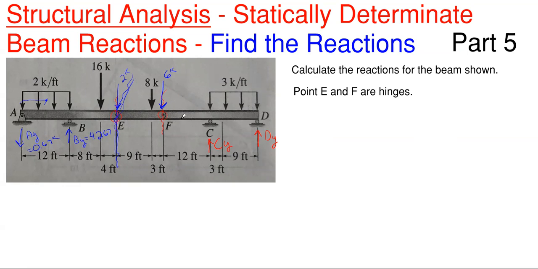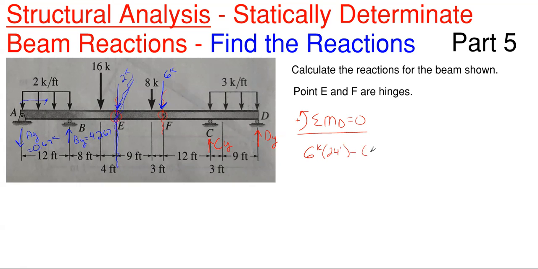Alrighty, so let's see what we have going on here. Let's sum moments about D, and then we can get C sub Y. We are going to have the 6 kips at F rotating counterclockwise about D. So it'll be 6 kips times the total distance to D, which if you add the 12 plus the 3 plus the 9, gives us 24 feet.